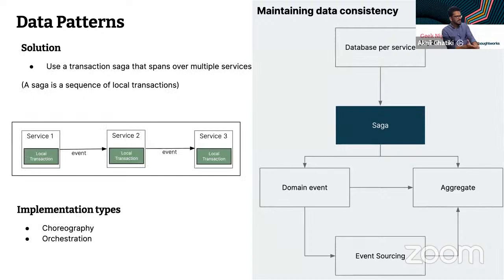So what Saga does is, you have a set of services, and each transaction is a local transaction. Your first service, when it gets a request, makes a local transaction. Once it is atomically successful, only then does it send the event to the second service, and then it forwards the event to the third service.